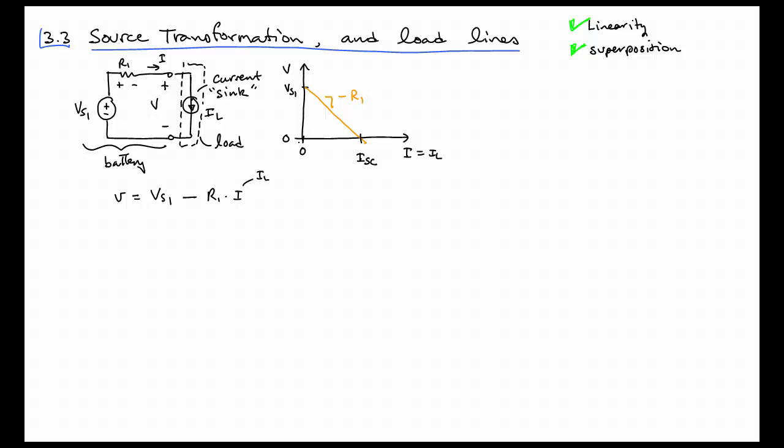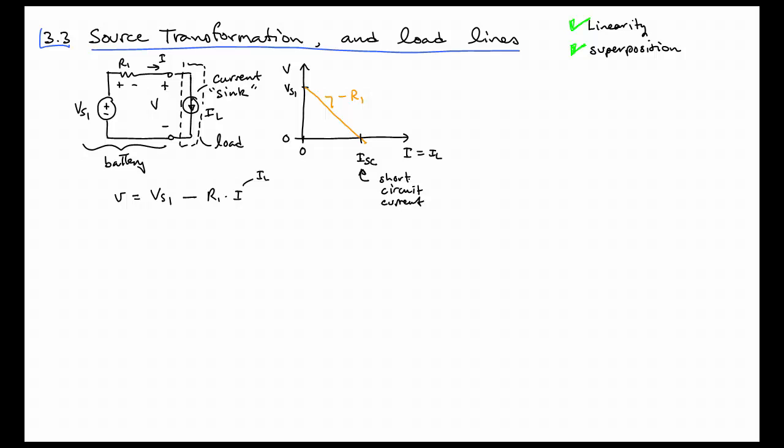So what we term this current point, where the line crosses the axis, we call it the short circuit current, because it is the current that results when you short the load, the output.